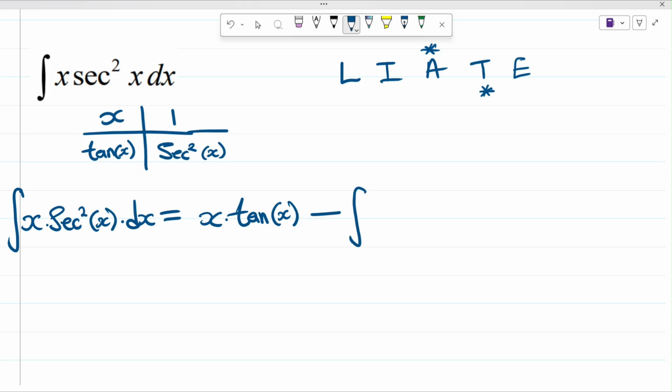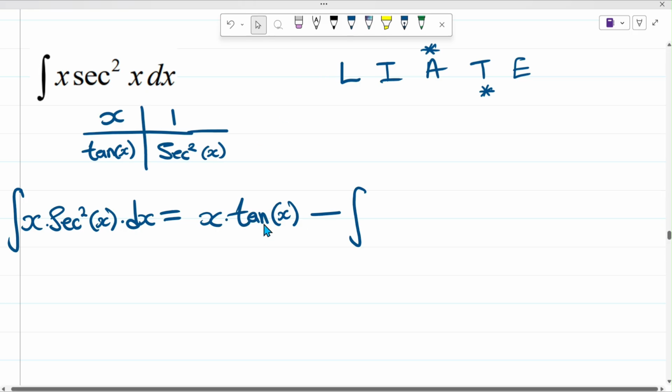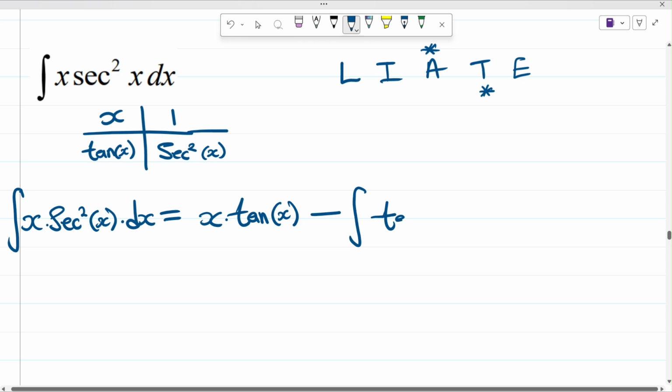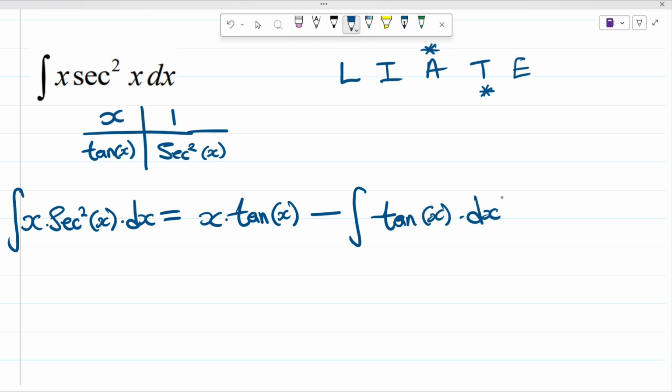I hope you're not having a problem with x tan x. I said first multiplied by third, second multiplied by third, like always. The procedure is the same, guys, so you don't have to panic. So first multiplied by third now is just tan of x dx, like that.